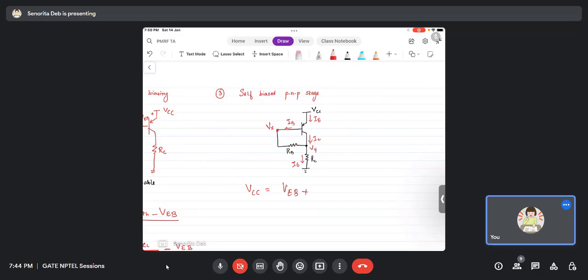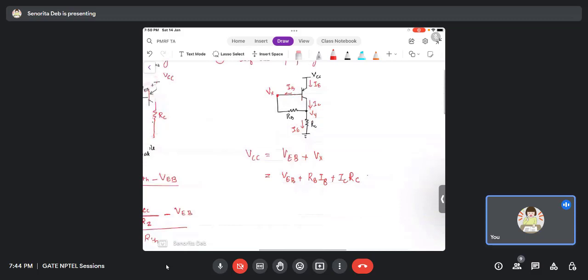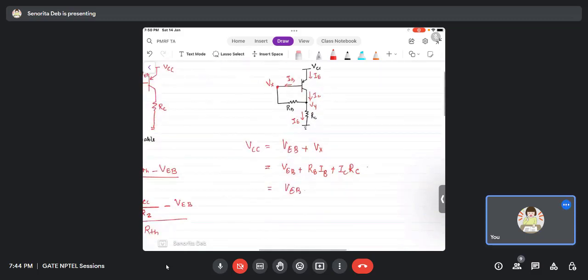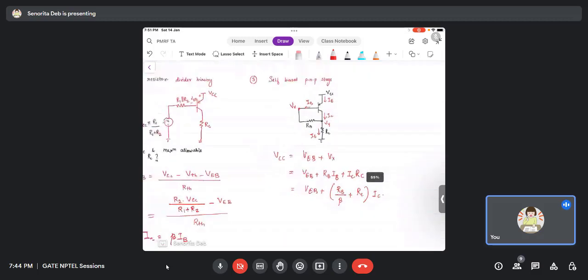So VEB plus RBIB plus ICRC. Here VEB plus RB by beta, plus RC into IC. If RB by beta is very much less than RC, then it is completely independent of RB. And Q1 is always in active mode. You can check that.